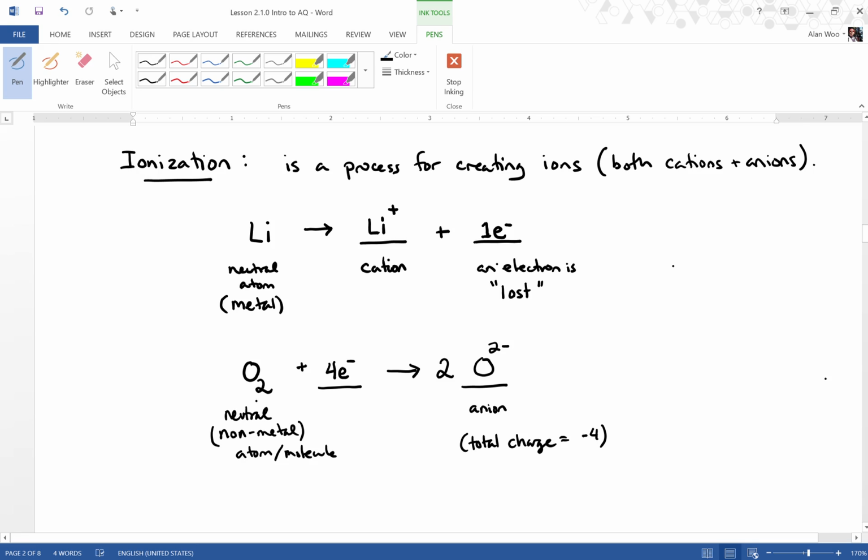And because there are 2 atoms of oxygen, the total number of electrons has to be 4. So since you have the negative charge here being 4 on the reactant side, the product side has to also have a 4- charge. So as long as both sides have the same charge, then it's fine. We don't always have to have neutral charges on both reactant and product sides. The common thing is we have to have equal charges on both product and reactant sides, and that could be any value.